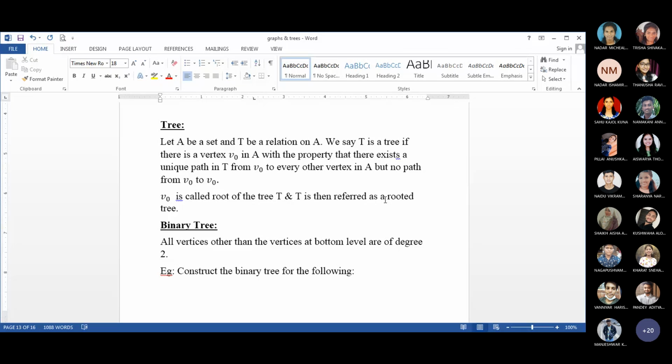See, what is your directed graph? It is a pictorial representation of a relation. Whereas your graph is also a pictorial representation of a relation, but of a symmetric relation. Why is it symmetric? Because what is symmetric? If x is related to y, then y is related to x.